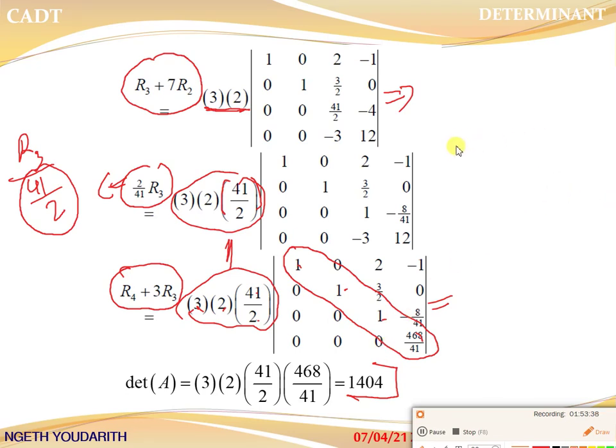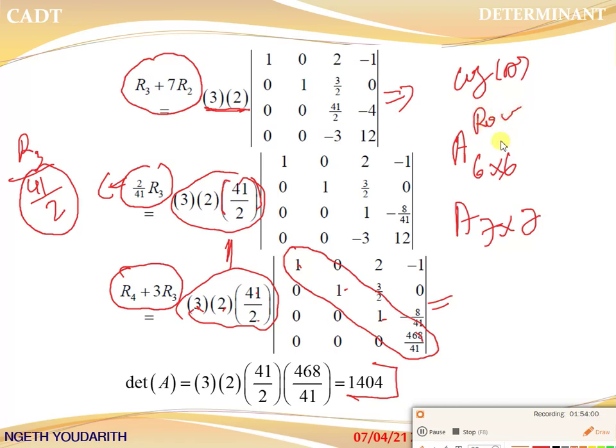So by reduced row we can find the determinant of a 6 by 6 or 7 by 7 matrix. For a matrix of higher order we can use reduced row, but we can also use cofactor expansion along a row or a column. But when we use that, it is very difficult to find.